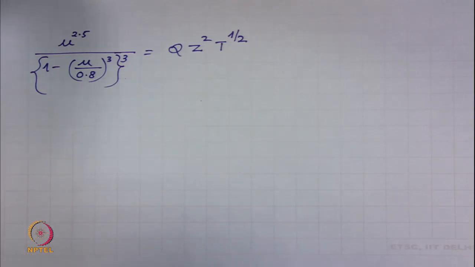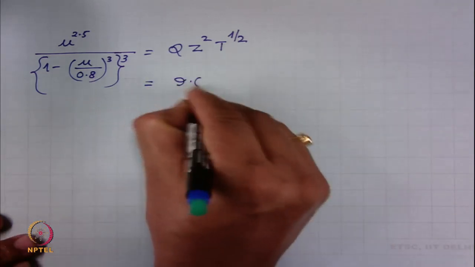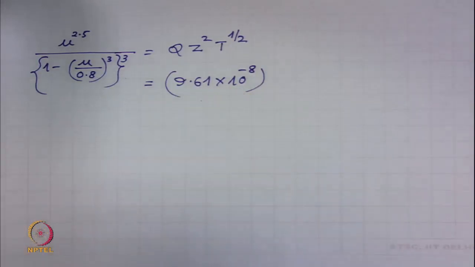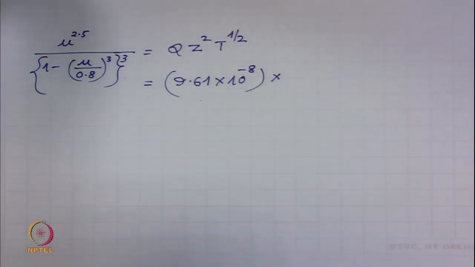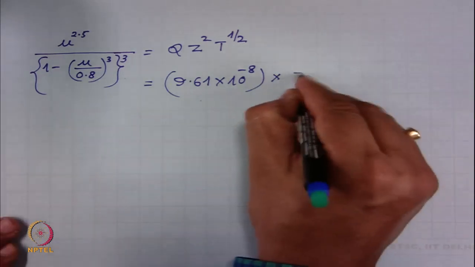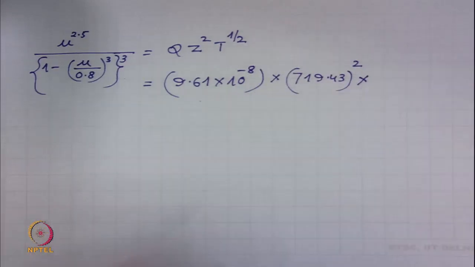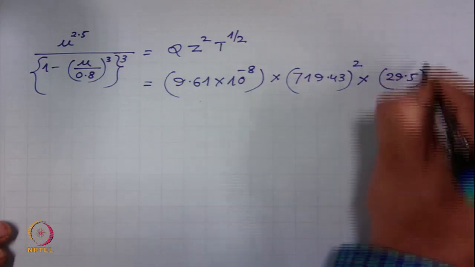The value of Q for cotton carded ring yarn is 9.61 into 10 to the power minus 8, Q equals this, and Z was 719.43 square into T to the power half, T is 29.5 to the power half.